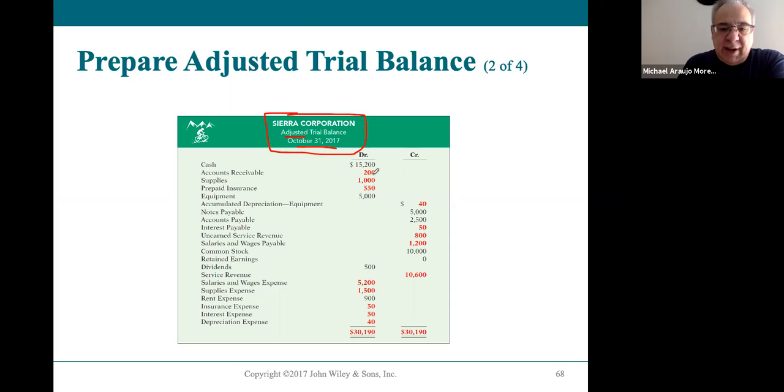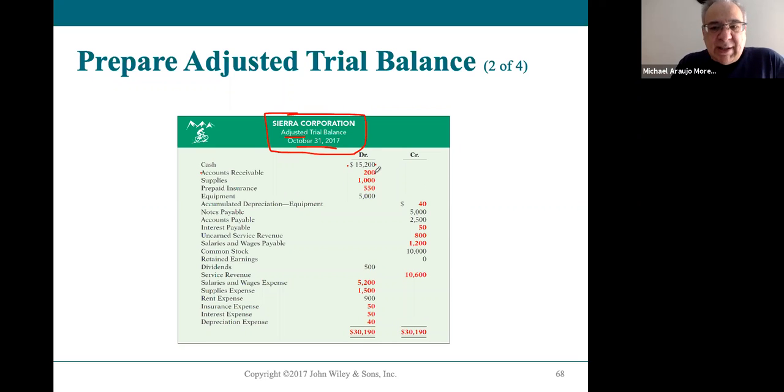The numbers that are in red are attached to the accounts that went through the adjustment process that you just looked at in Learning Objective 2 and 3. Okay. So here we have, see, cash was not affected. So that's why it's not in red, because cash was not affected by any of these transactions that we just did in the last two objectives.